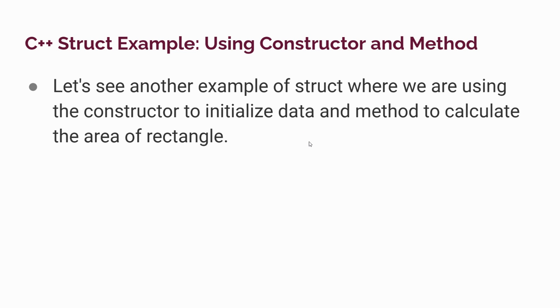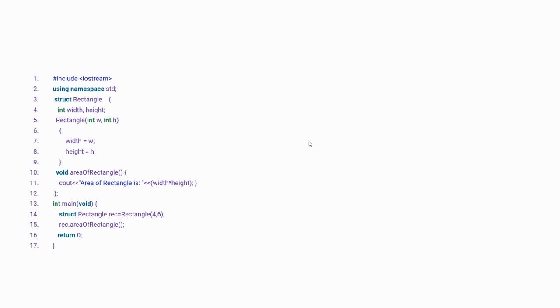Next we will see another example using a constructor and a method. We'll see another example where we are using the constructor to initialize data and a method to calculate the area of a rectangle. Here we created a structure named rectangle. In that we wrote int width comma height. In the structure itself we wrote one constructor, rectangle.